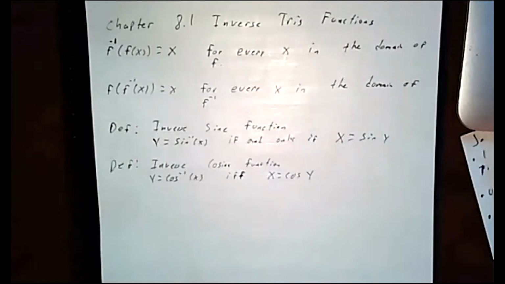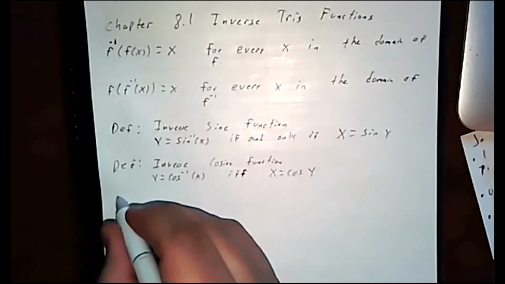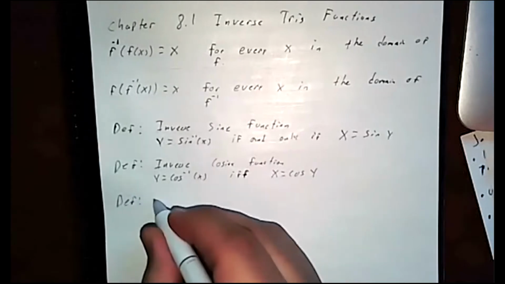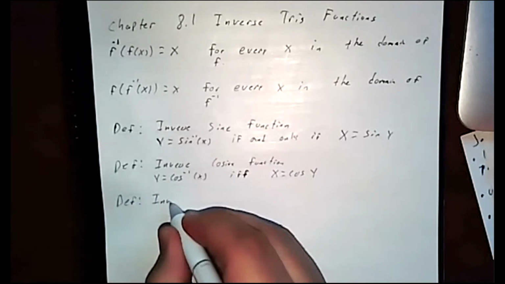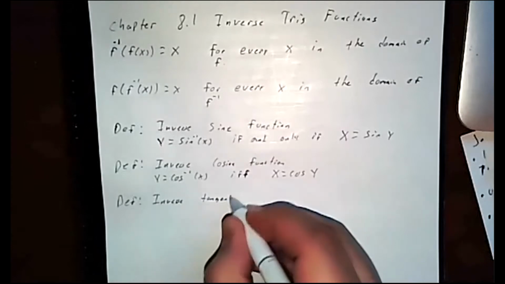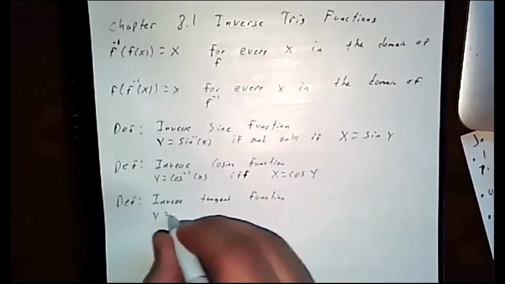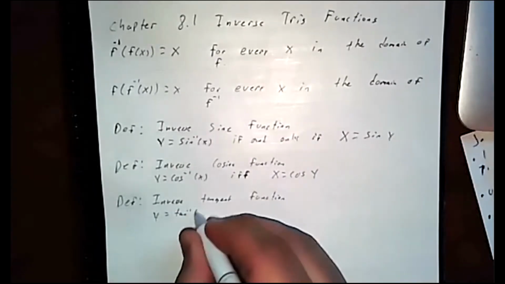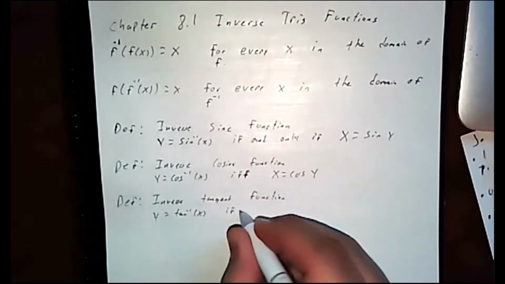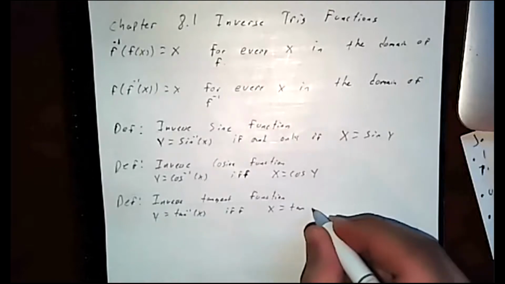So basically, you can convert back and forth. Now for tangent. Same deal here. Y is equal to tan inverse of x if and only if x is equal to tangent of y.